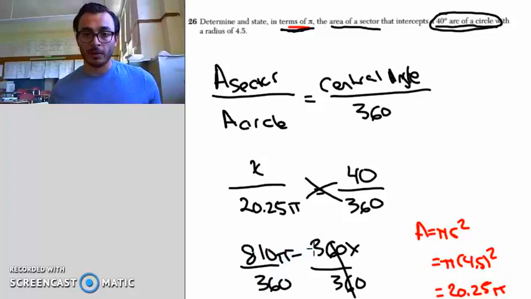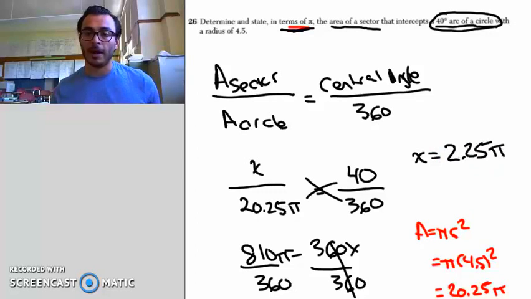Don't include the pi because we want our answer in terms of pi. So x equals 810 divided by 360, which is 2.25. So we get 2.25 pi as our final answer. So the area of the sector is 2.25 pi.